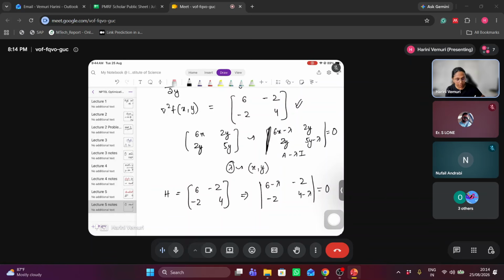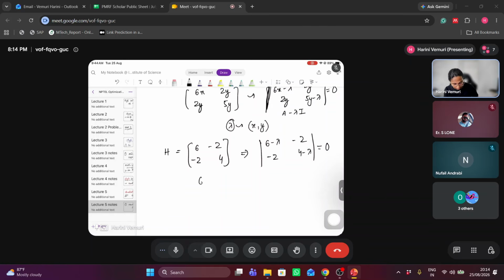The determinant of this will be equal to 0. So it's 6 minus lambda into 4 minus lambda minus 4 equal to 0. So 24 minus 10 lambda plus lambda square minus 4 equal to 0, so lambda square minus 10 lambda plus 20 equal to 0.